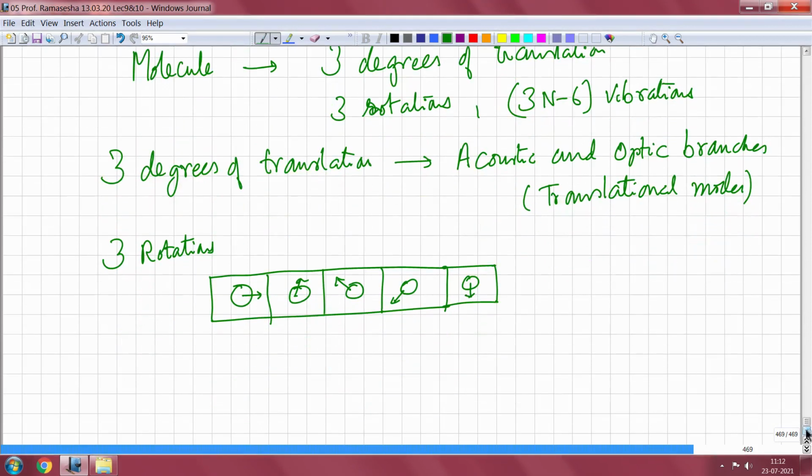So if you do this, these rotations give rise to what are called librational modes. So librational modes are lattice translational symmetry of the rotations in the crystal, which correspond to rotation in sync or in coherence from one unit cell to another unit cell of all the molecules in the crystal.